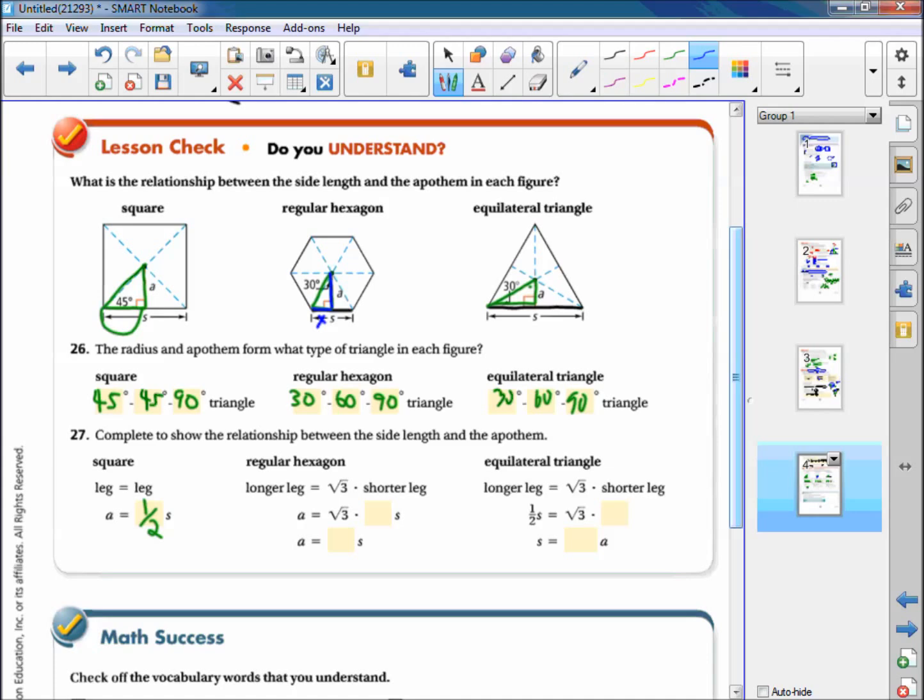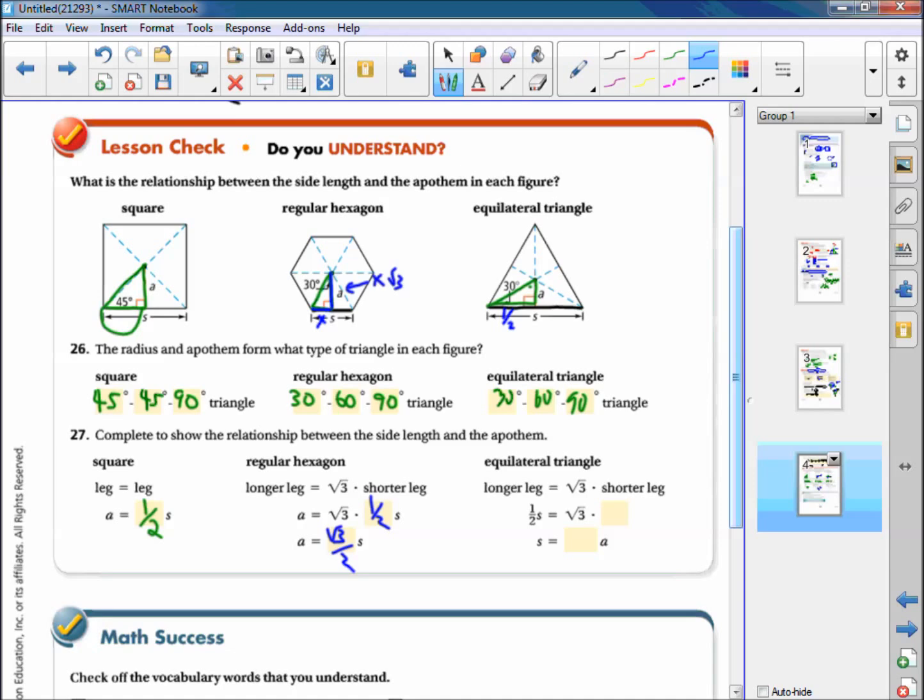So if this is x, remember this one has to be x root 3. So this is going to be root 3 times half of our side. Okay, because x was half of the side. So that will make root 3 over 2 times s.